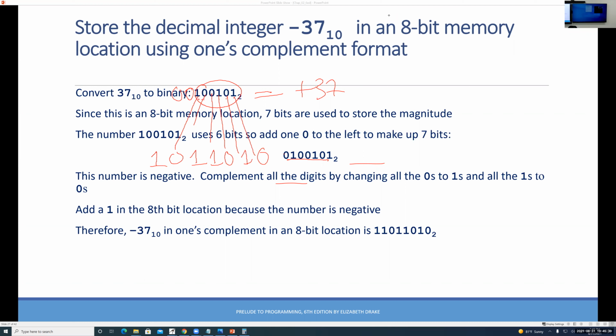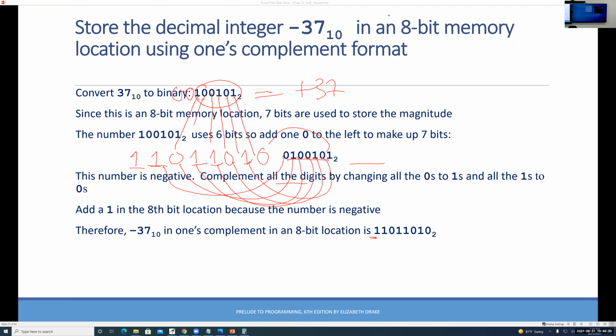So now you flip 7-bit here. 0, 1, 0, 0, 1, 0, 1. You flip it: 0 to 1, 1 to 0, 0 to 1, 0 to 1, 1 to 0, 0 to 1, and 1 to 0 here. That is 7-bit. And the leftmost bit is a negative. That's why you insert number 1 here. So that's why you have negative 37 in the 1 complement.